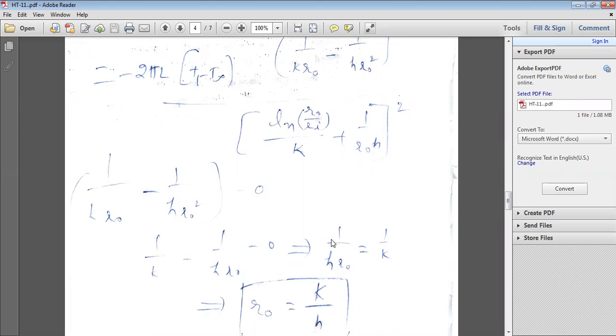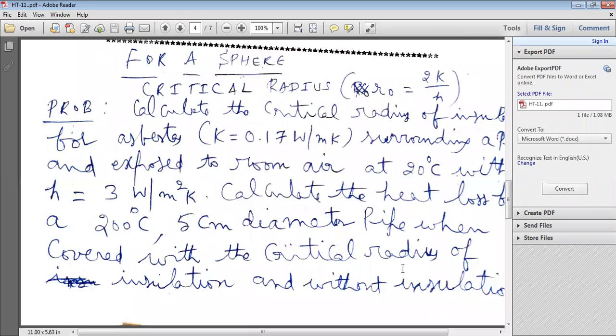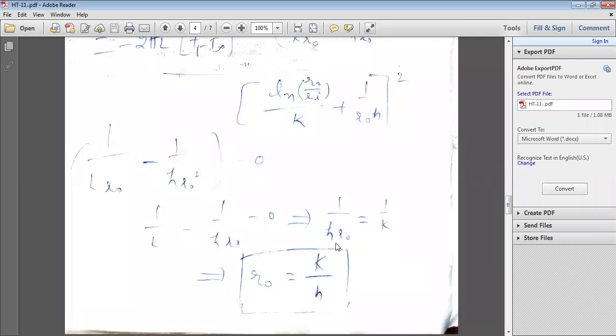This implies 1 by h rho is equal to 1 by k. And what is the condition here? From this equation, the outer radius rho is equal to k by h. So to minimize or maximize heat transfer, what is the condition?